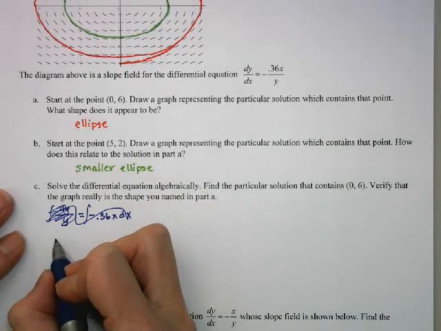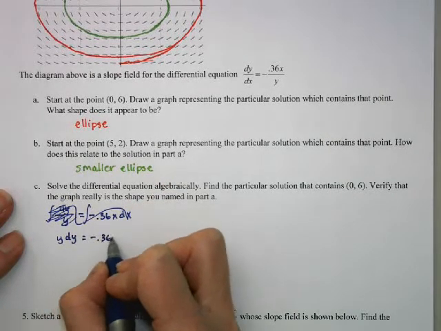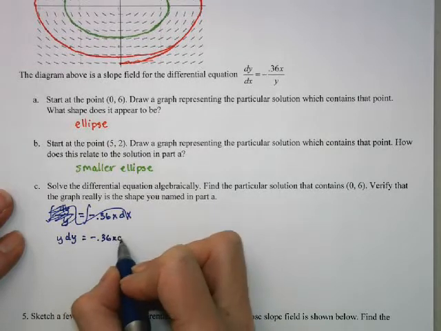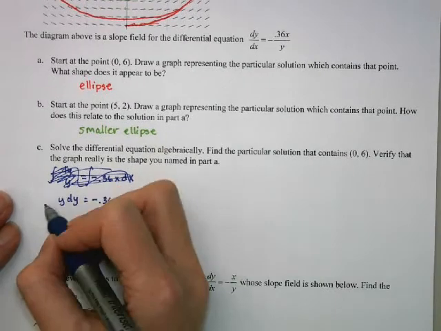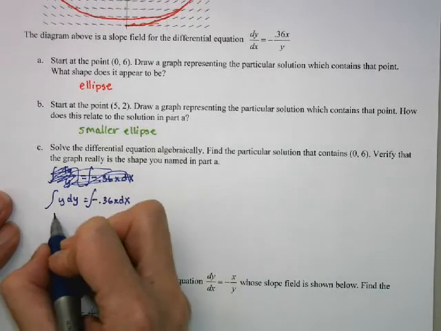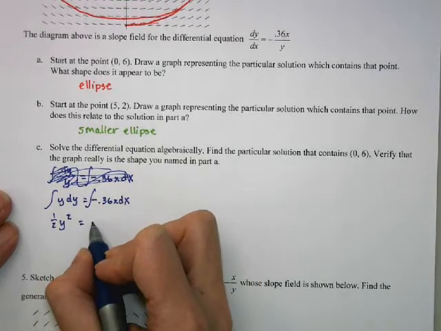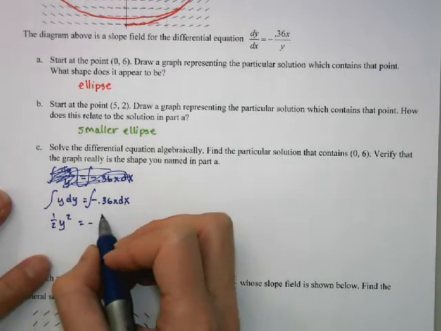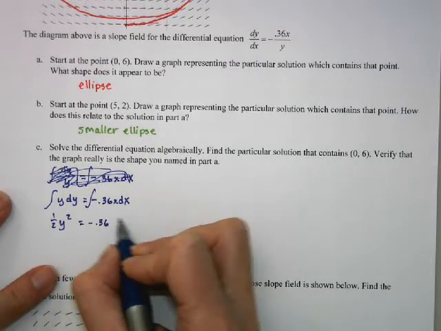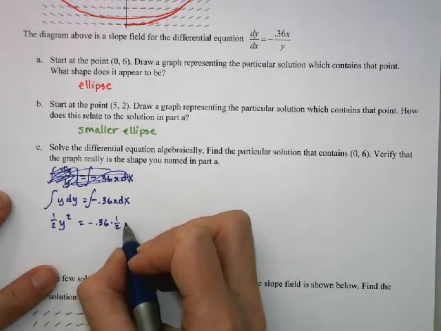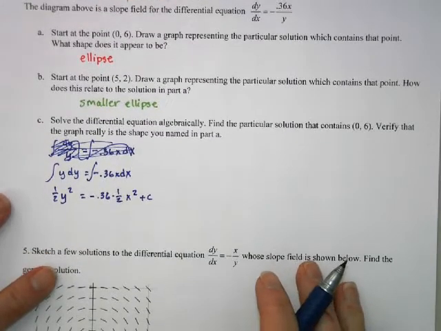We're just cross multiplying here. So this is just going to be y dy equals negative 0.36x dx. Been too many logarithm problems. So this is going to be 1/2 y squared equals negative 0.36 times 1/2 x squared plus c.